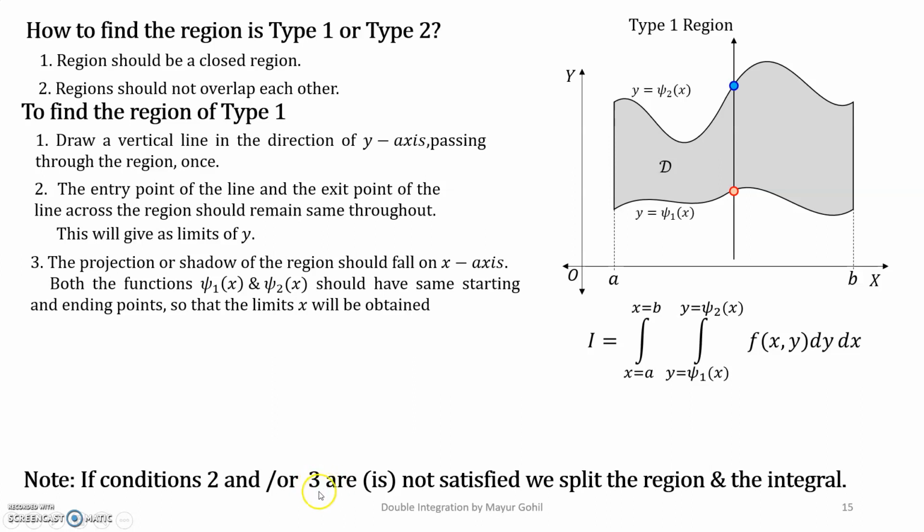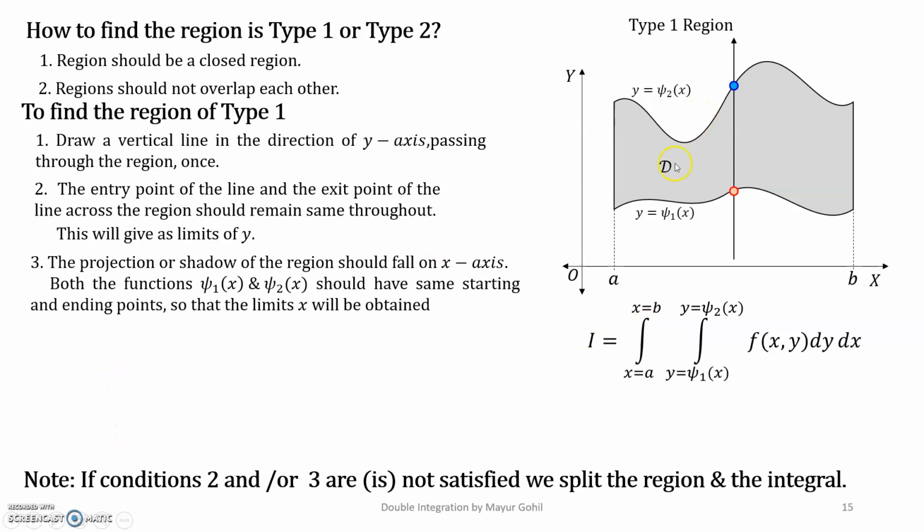Right now you can just write down this note on the side or below the points that you are jotting down. This is very crucial. If any of the two conditions is not satisfied, then the integral is going to split.